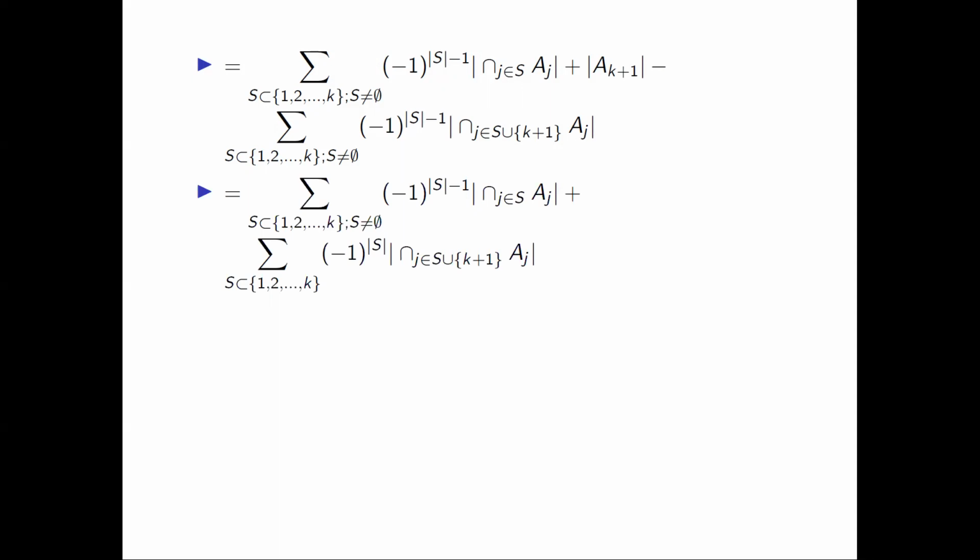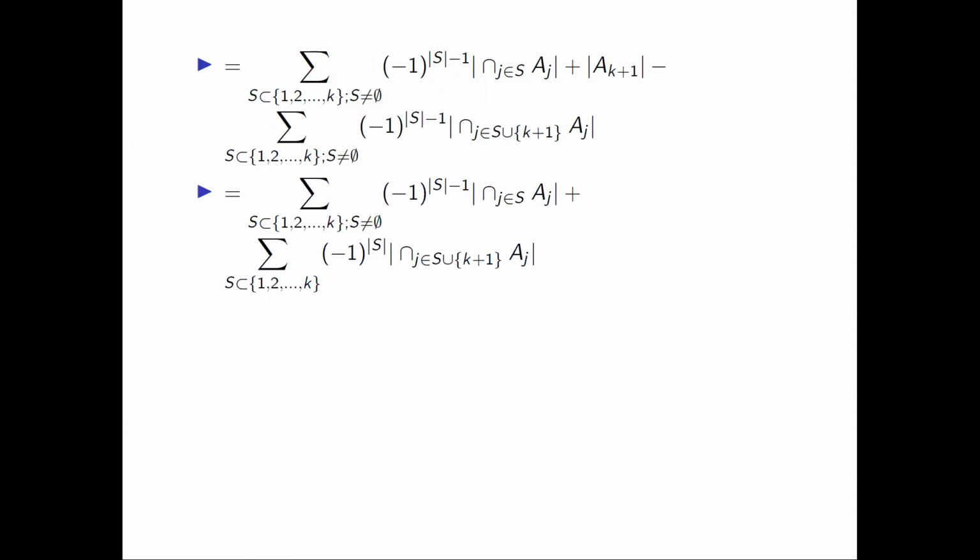So we can see that the equality here in the next bullet holds because the first term we didn't change at all. The A of k plus 1 cardinality term, we did change it this time. So we rewrote our last two terms and combined them into one term.